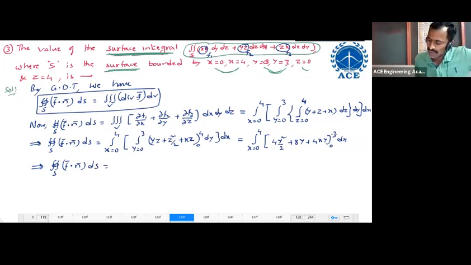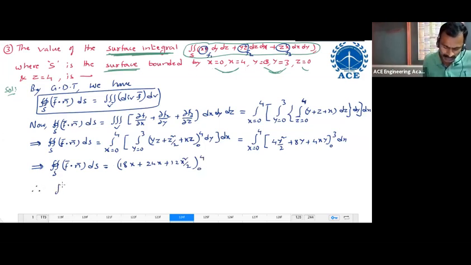The lower limit is 0, the upper limit is 3. This 3 is for variable y. In place of y, write the 3 and then integrate with respect to x directly. 2, 9, 18. The integral with respect to x is 18x. 8, 3, 24x, plus, in place of y, 3, 4, 3, 12. 12x square by 2 from 0 to 4.